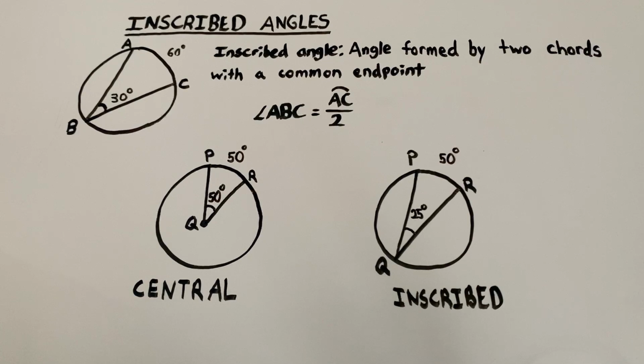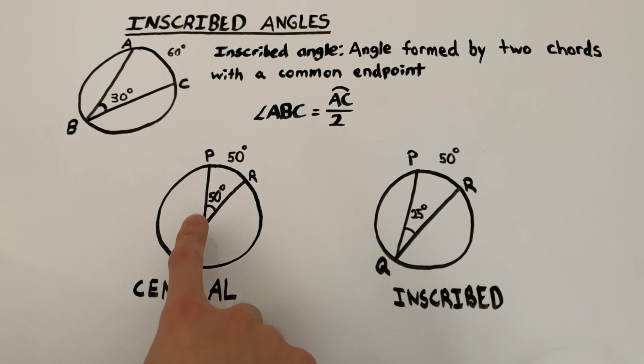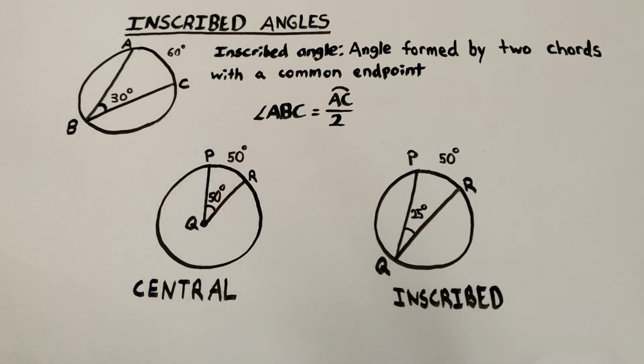Now, one easy way to tell the difference between a central angle and an inscribed angle is that in a central angle, the vertex of the angle is located at the center of the circle, while in an inscribed angle, the vertex of the angle is located at some point on the circumference of the circle.